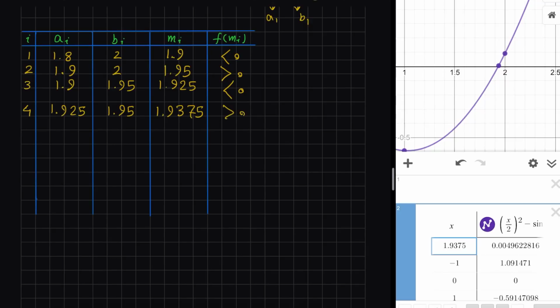So positive. For the next iteration, we keep the first limit, and then we replace the second limit with the new midpoint, which is 1.9375. And then for the fifth iteration, our new midpoint is the average of these two, which is 1.93125.